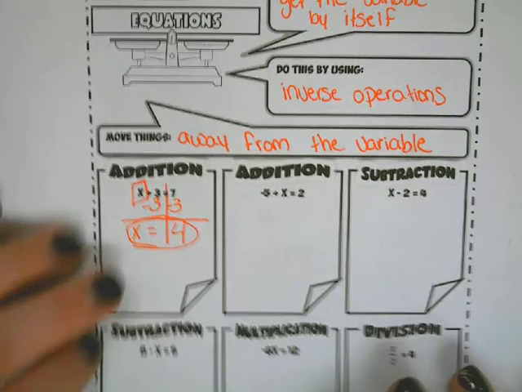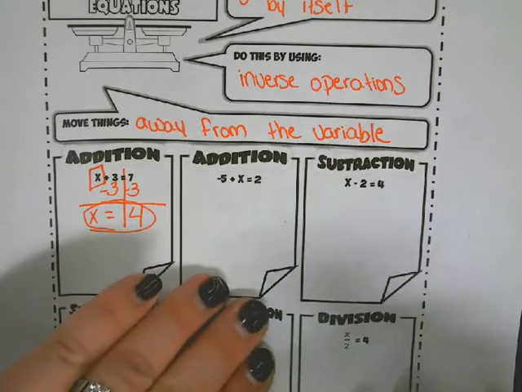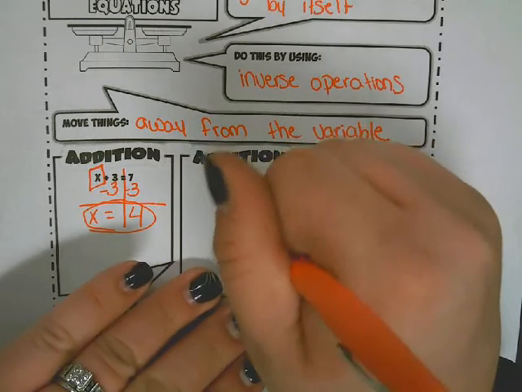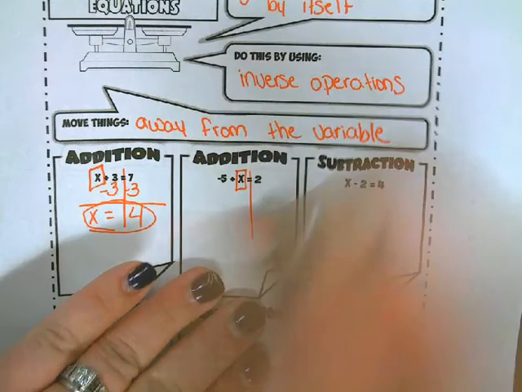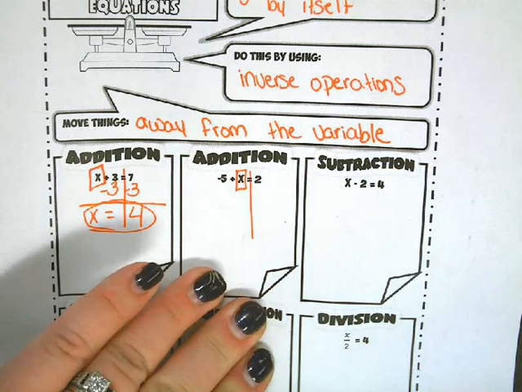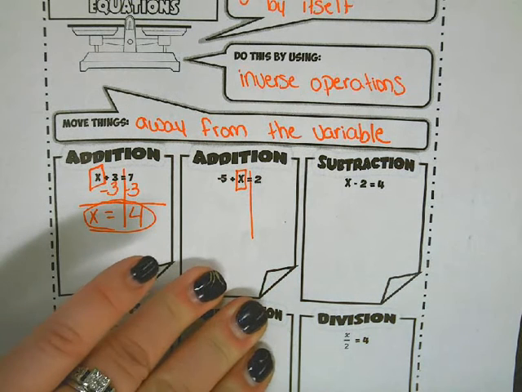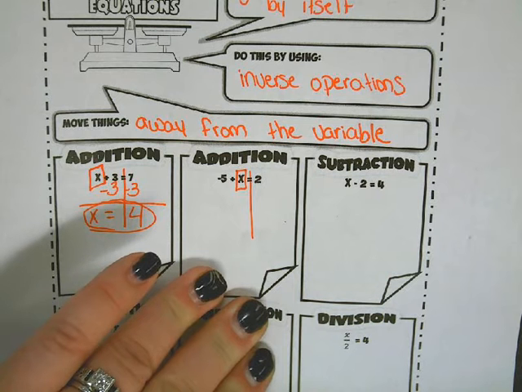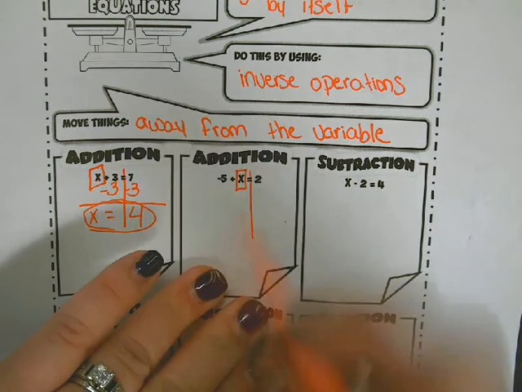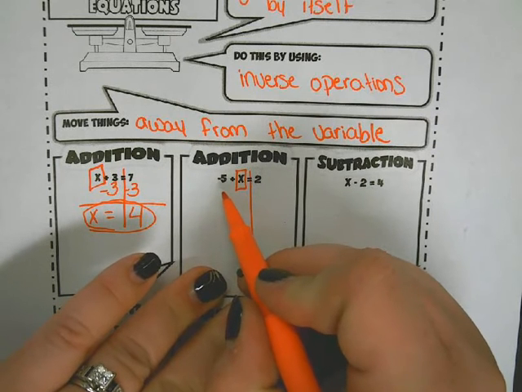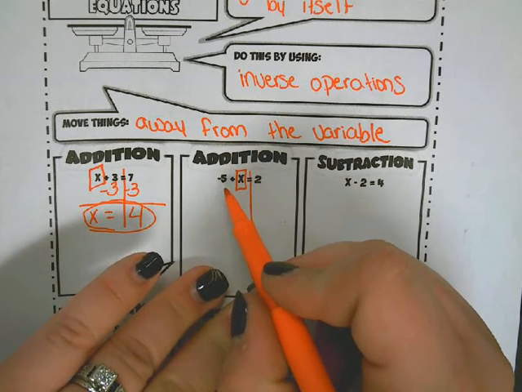Okay, let's look at the second addition one. Draw your line, box your letter. Now what am I going to do? Okay, I got to do the opposite. So it's already a negative 5. I agree with your 5. You always have to move the number that's on the same side as your letter.